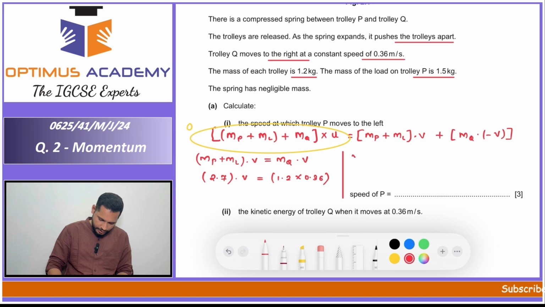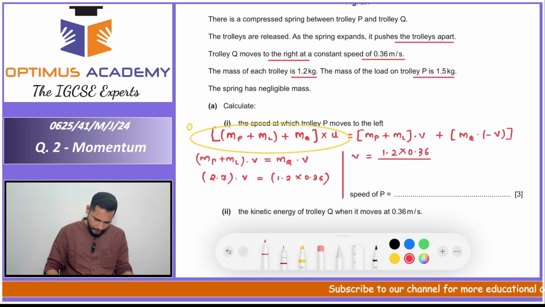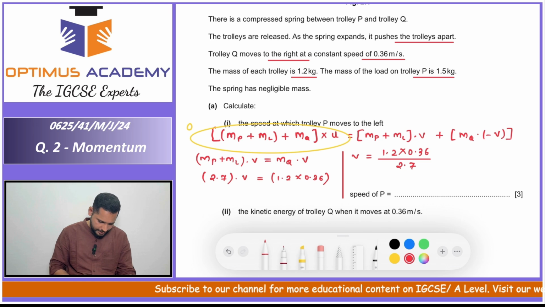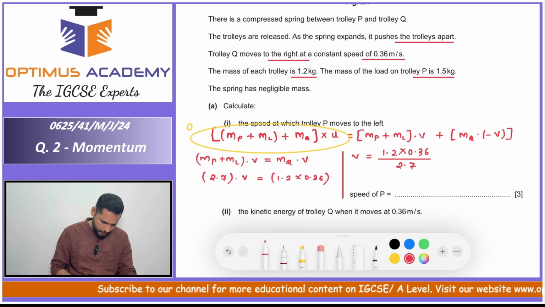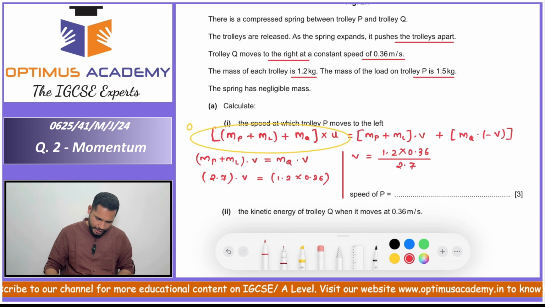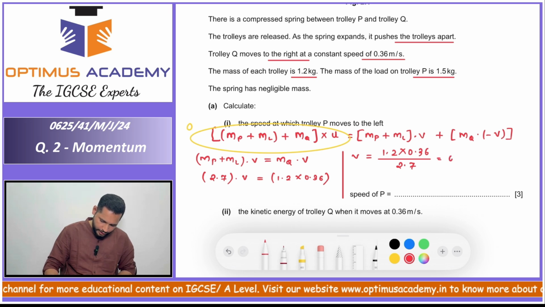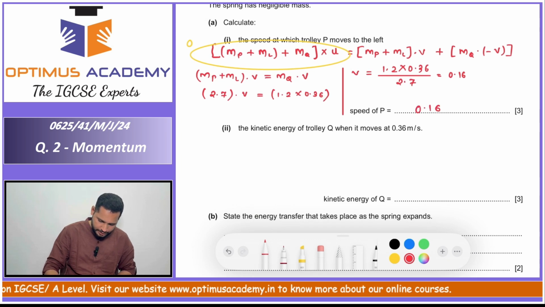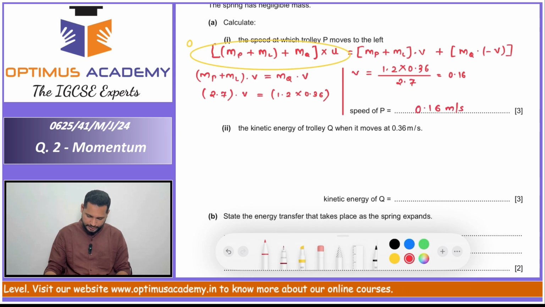So v can be worked out as 1.2 into 0.36 divided by 2.7. If we do this on the calculator, the answer will be 0.16 meter per second. So the speed of P after the spring expands is 0.16 meter per second.